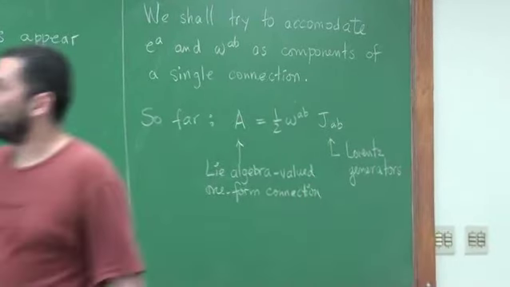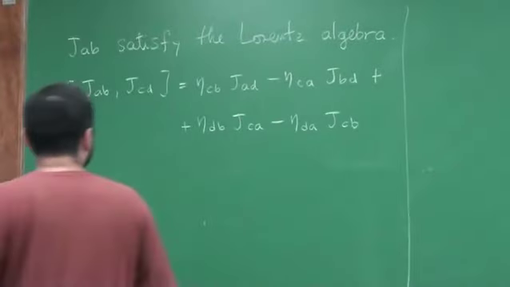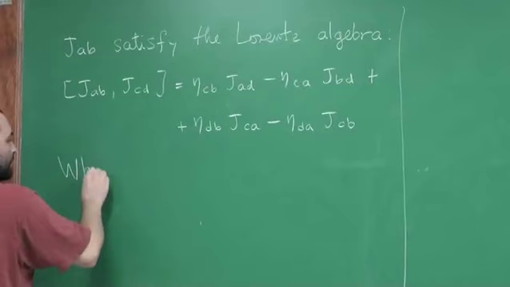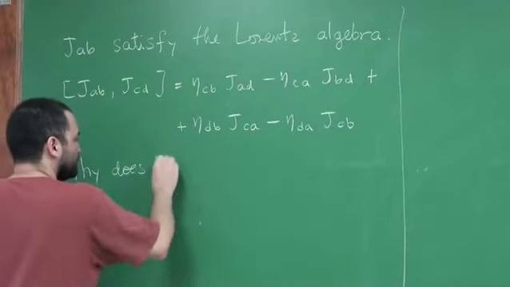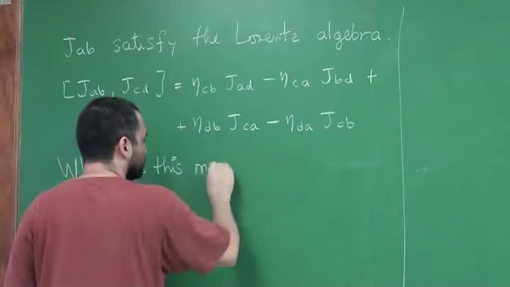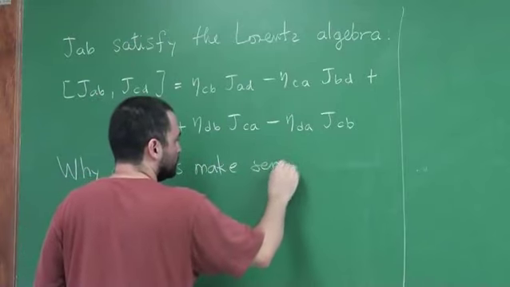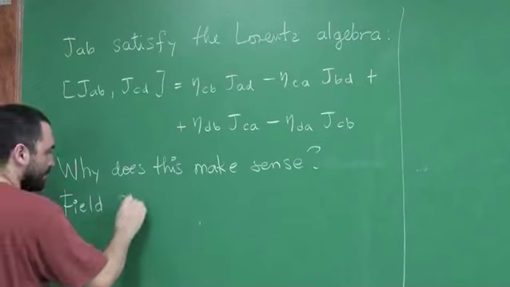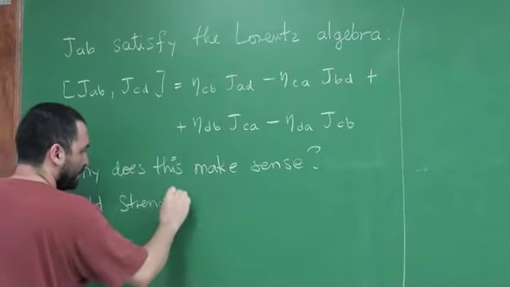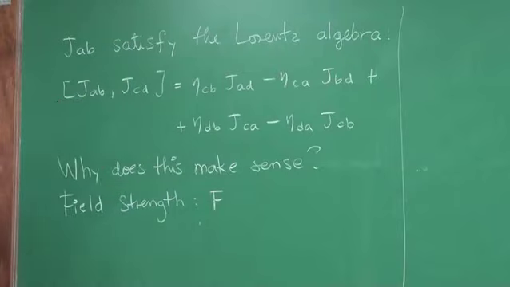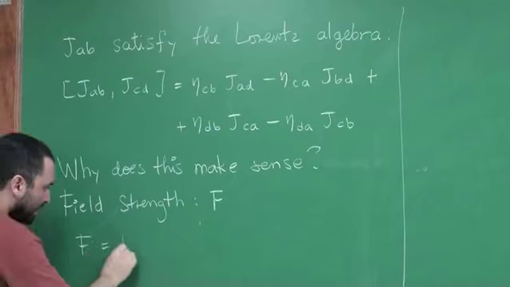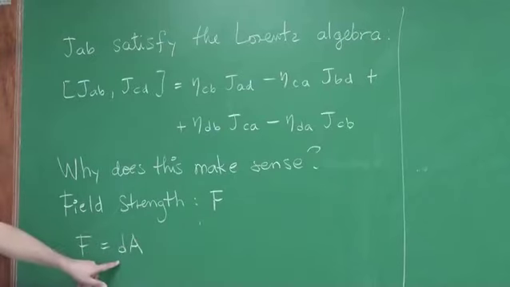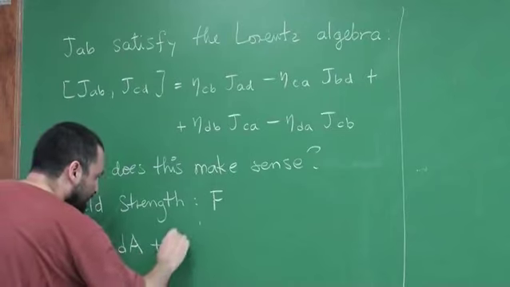For instance, in gauge theory, you have the field strength. If you're using this language, the field strength is the exterior derivative of A plus A squared.